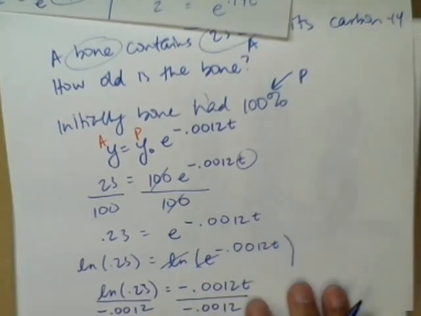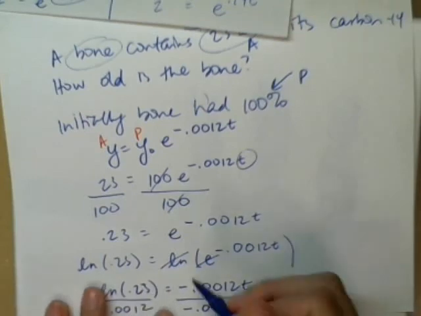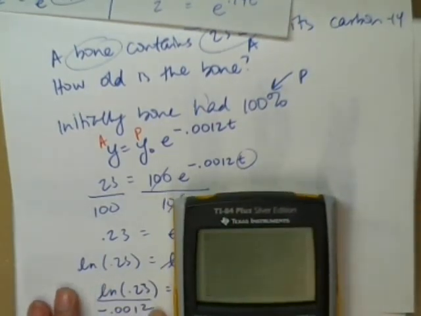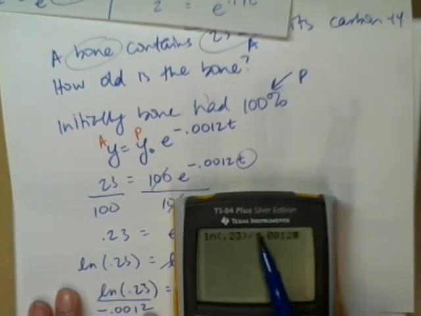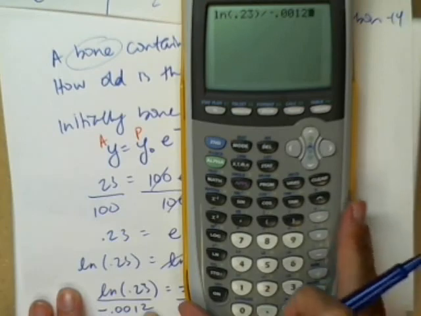So I need my calculator to finish this one off. I've got t on the right-hand side, but I need to finish it off on the left-hand side. So the natural log of 0.23 divided by negative 0.0012, and make sure you use the negative at the bottom of your calculator keypad next to the enter sign, not your subtraction key.